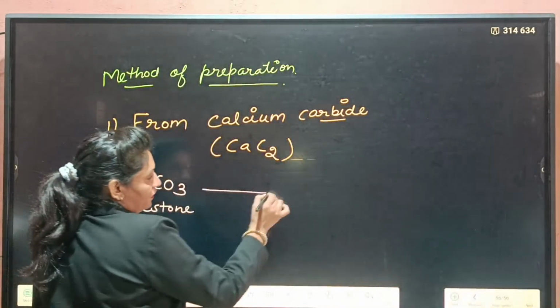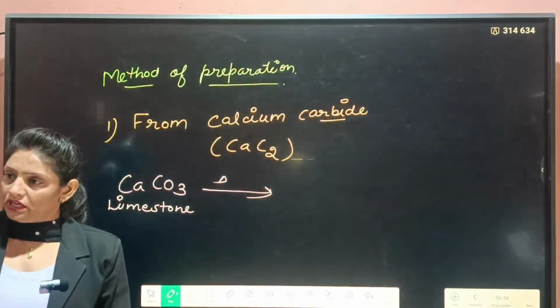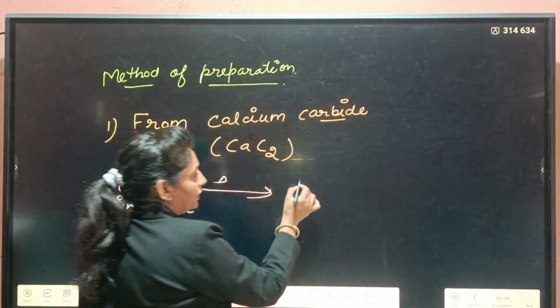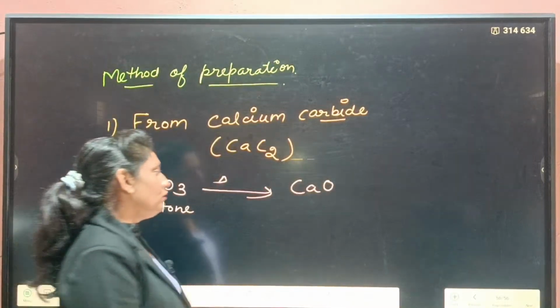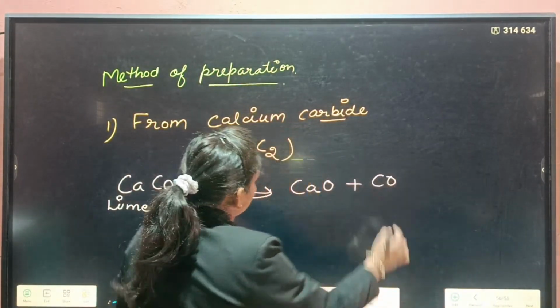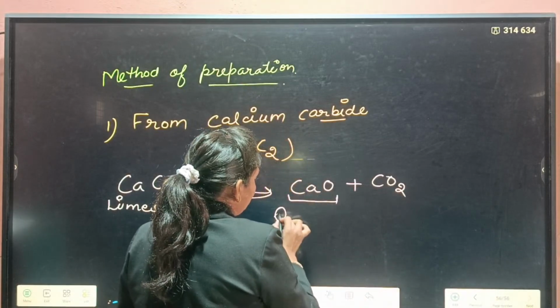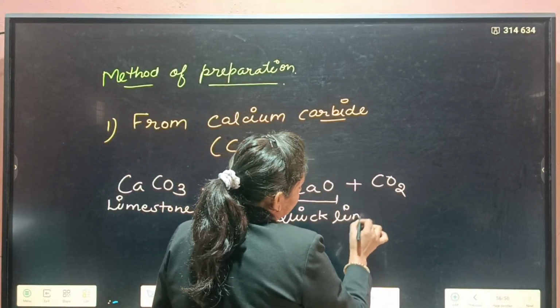If it is heated, then it gives us a decomposition reaction, and it decomposes into calcium oxide plus carbon dioxide. Calcium oxide is also known as the quicklime.